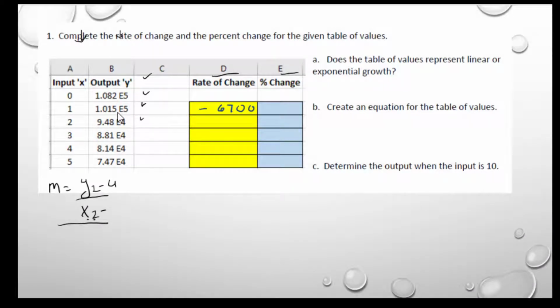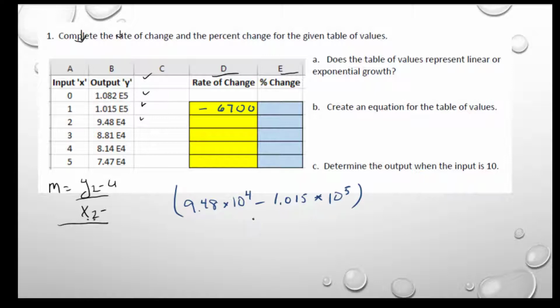So our first rate of change was negative 6,700. Let's do one more. So it's going to be y2, which is 9.48 times 10 to the fourth minus 1.015 times 10 to the fifth.